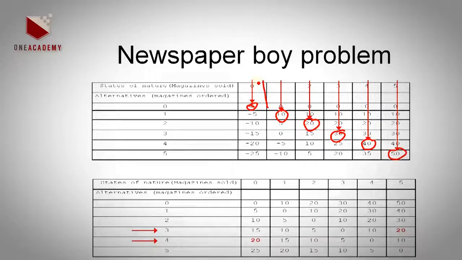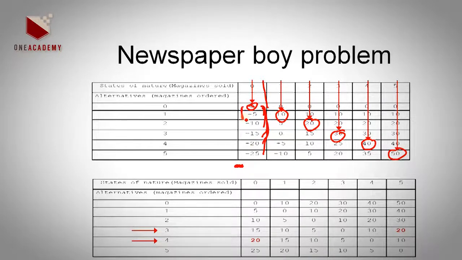And what I'm going to do is compare all the other values in the same column, so for the same state of nature, with the best one. What does compare mean? It basically means to subtract. So what I'm going to do is see how different 0 is from -5, so how my result differs from the best possible.